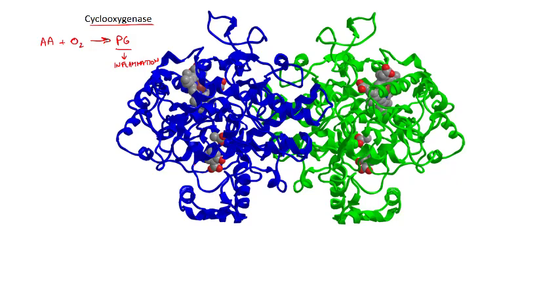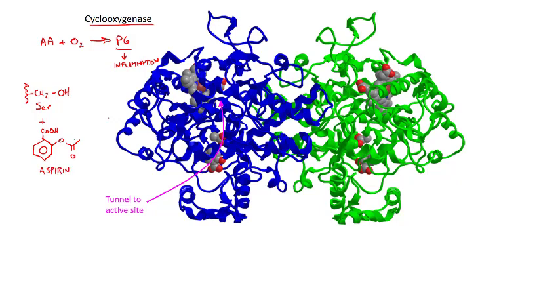So what happens in this enzyme is there's this little tunnel that leads to the active site of the enzyme. It's hard to see in the structure here. But in this tunnel, there's a serine, right? And this serine can react with this drug, which is aspirin.